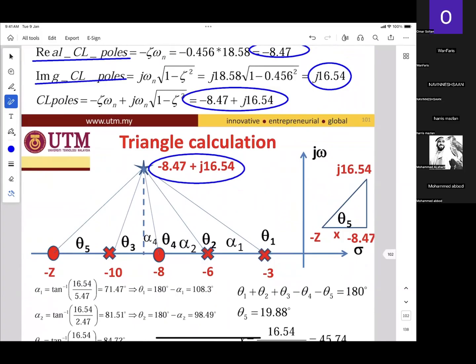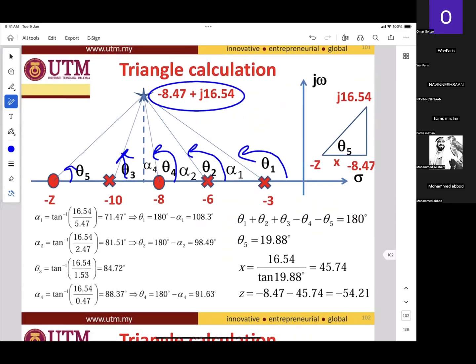And from there, you calculate theta 1 for the pole at -3, theta 2, pole at -6, theta 3, pole at -10, theta 4, pole at -8, and theta 5, the unknown zero for the PD controller.